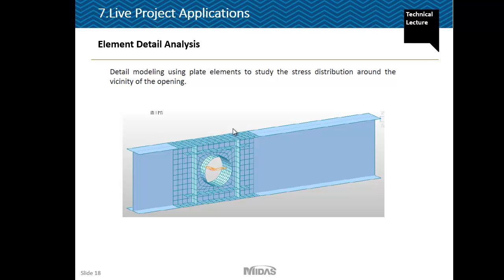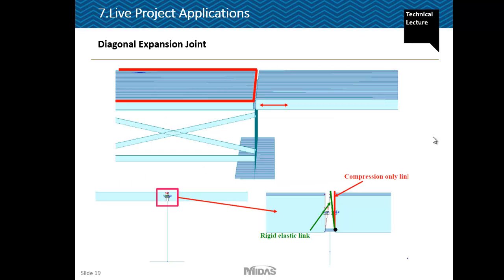Only that part of the section you can model as plate elements, and the end nodes of the plate are connected with the line element beam models with rigid links. So this will ensure the continuity of the member, and also you will get the stress distribution accordingly depending upon the hole proportions.